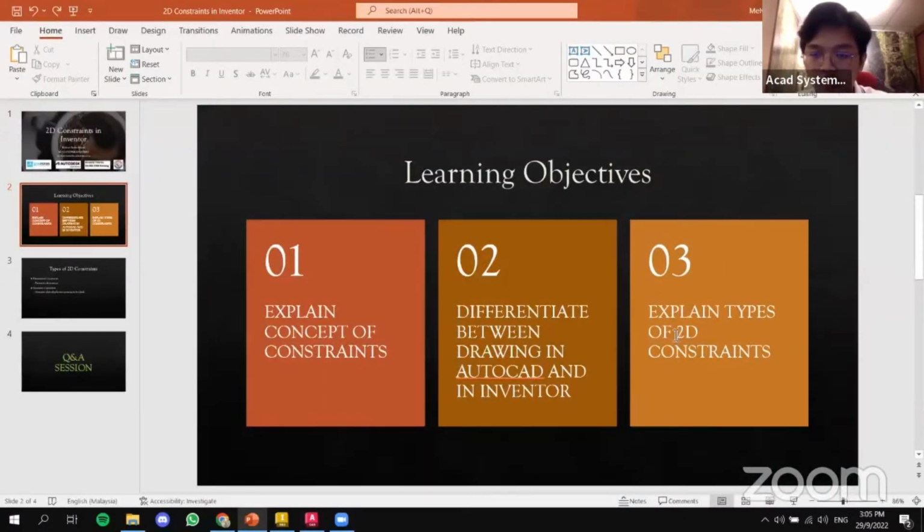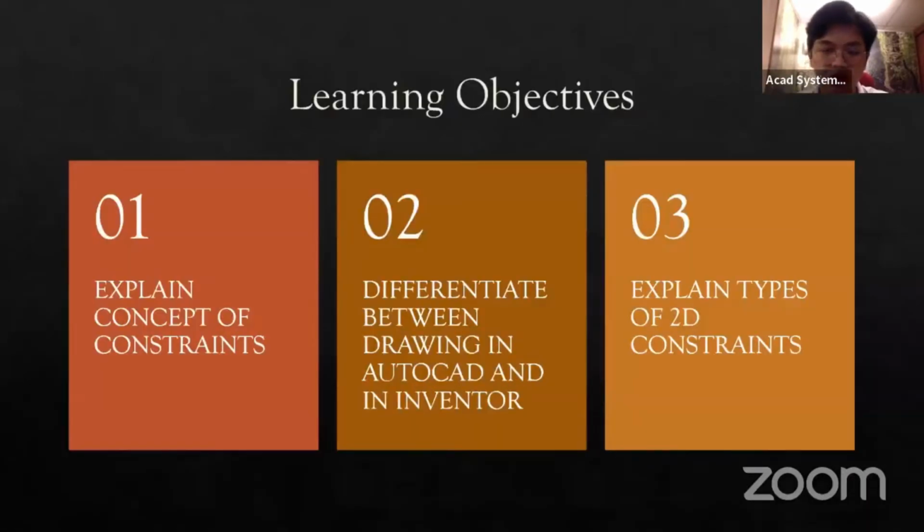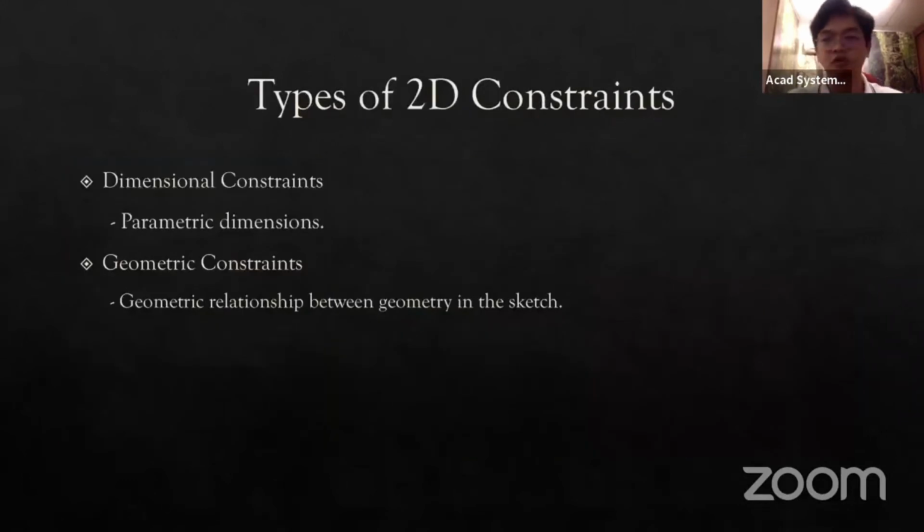All right, so that's mainly the difference. And last, the third one will be the types of 2D constraint. In Inventor, there are 2 types of 2D constraints. First will be the dimensional constraint, which is basically parametric dimensions in which you place the dimension, specify the value input, and your shape or geometry will follow the input.